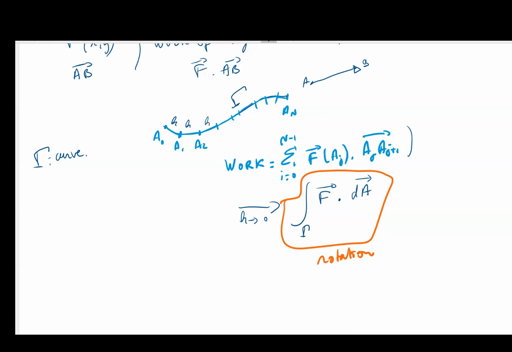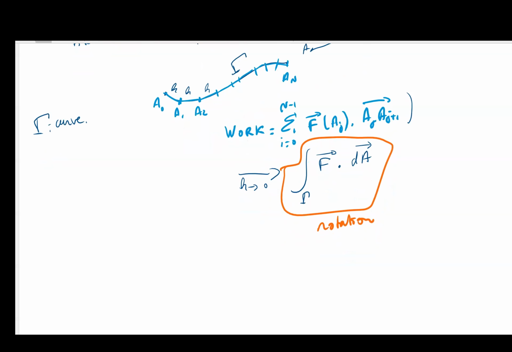All right. Let's give a few more insights about this computation. So let me rewrite that sum. I've got the sum from 0 to n of F(Aj) times vector AjAj+1.